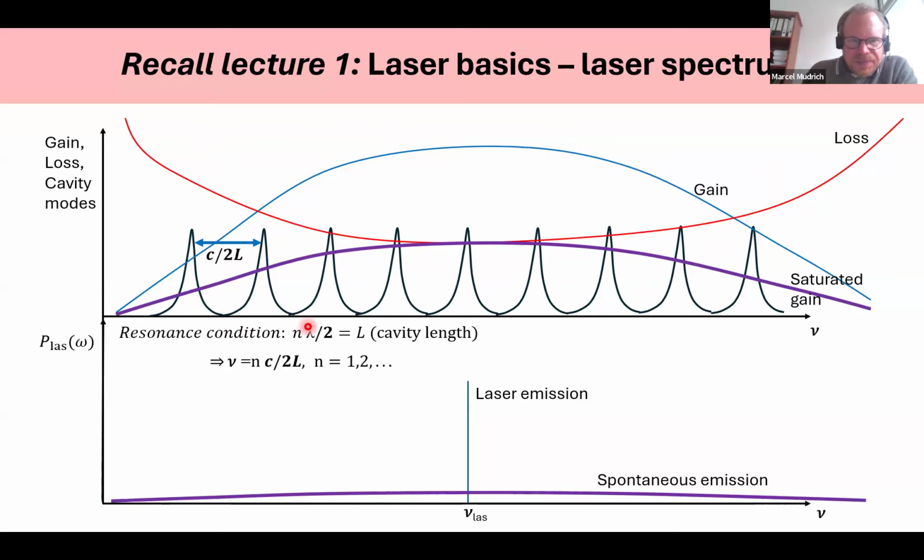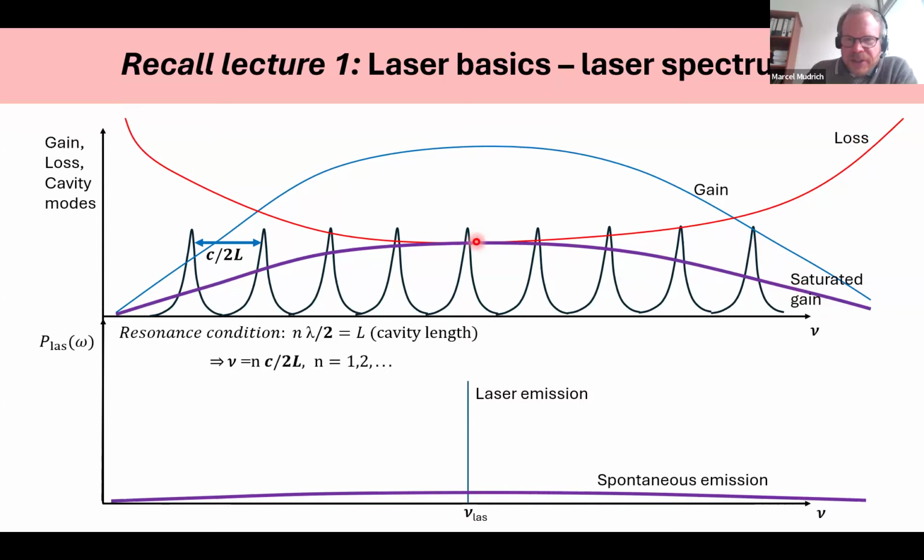And you have the resonator modes, which are given by the length and the reflectivity of the mirrors of the laser resonator, which gives these transmission modes here. All these three components have to match together such that at one allowed resonator mode, where the resonance condition is fulfilled, the loss curve matches the saturated gain curve.